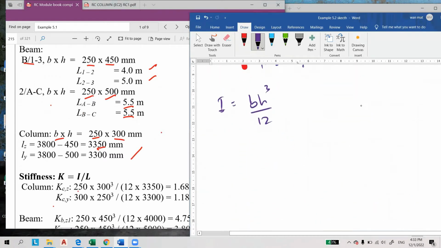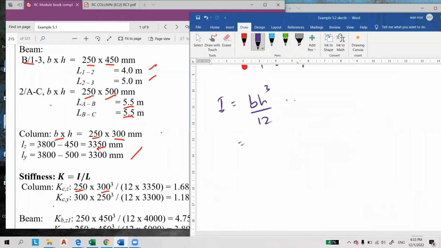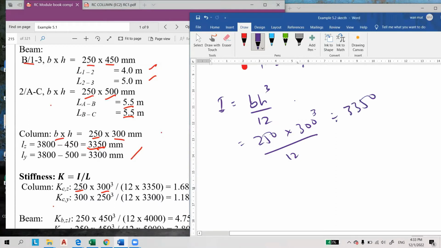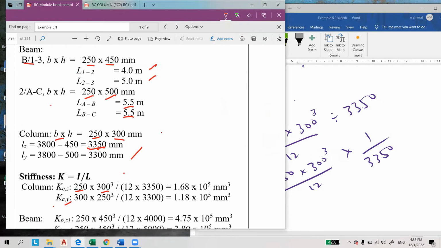So you must know this is B, this is H. It's equal to 250 times 300 to the power of 3, divided by 12, and then divided by the LZ. LZ is equal to 3350, so times 1 over 3350, similar to the KCY.